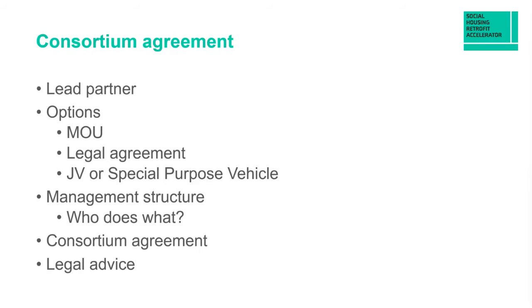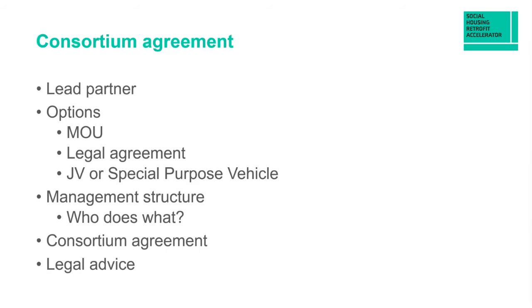And unfortunately, they are so specific to each set of circumstances that there really are no good templates that we have been able to find out there. It'd be great to say, okay, here's a standard consortium agreement, fill in the boxes and you're done. Unfortunately, it doesn't seem to work that way. It is too specific to the project you're setting out to do and the partners who are involved, but it's a vital part of the process.